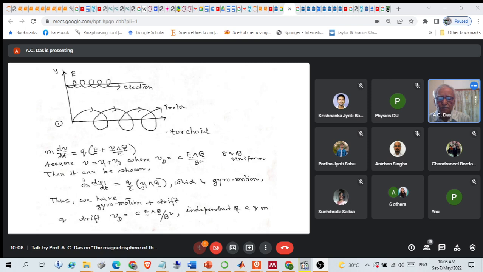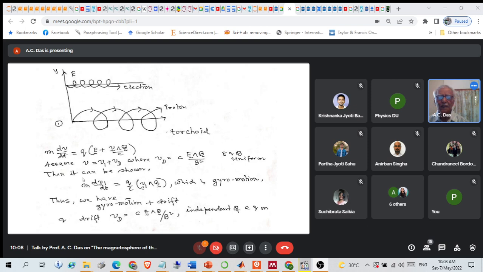If you put that in the equation back, you write v is equal to v1 plus vd. So one term will be v1 cross B, the other term will be vd cross B, and then vd cross B will be simple.